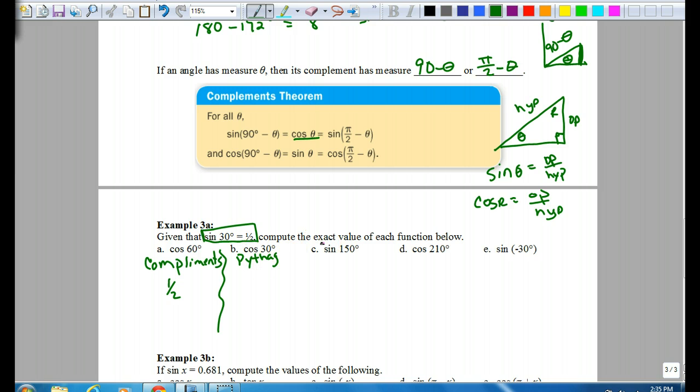So what we're going to do is I'm going to take cosine squared 30 plus sine squared 30 equals 1. Well, my sine 30 is 1/2, so this will be 1/2 squared. Cosine squared 30 plus 1/4 when I square it.